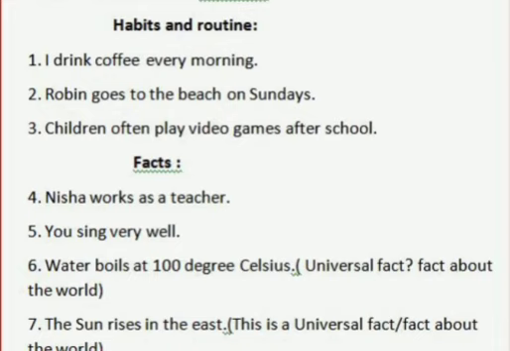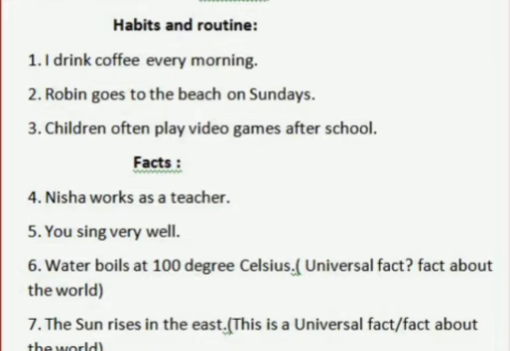Okay, next is you sing very well. Here again you may have a doubt, why teacher are we not adding s here along with the verb sing? We already learned this at the very beginning. Let's see the box here. I work, you work, we work and they work, or I sing, you sing, we sing, they sing. With I, we, you, they, we never use s or es. That is the reason why the teacher didn't write any s here.